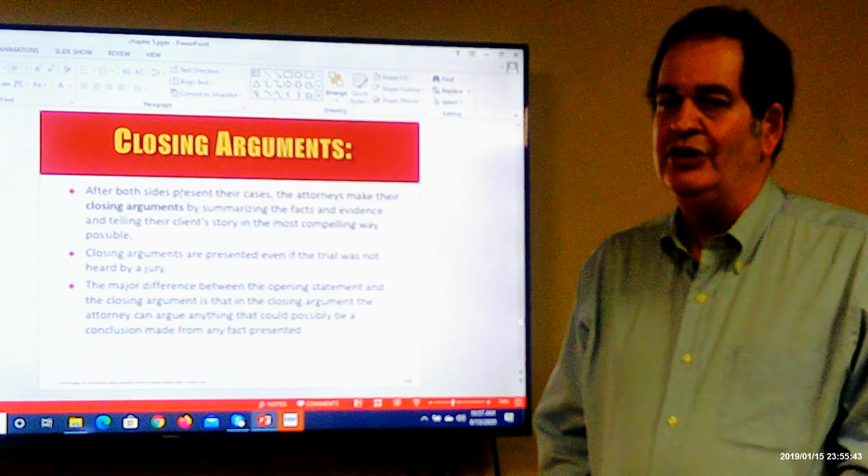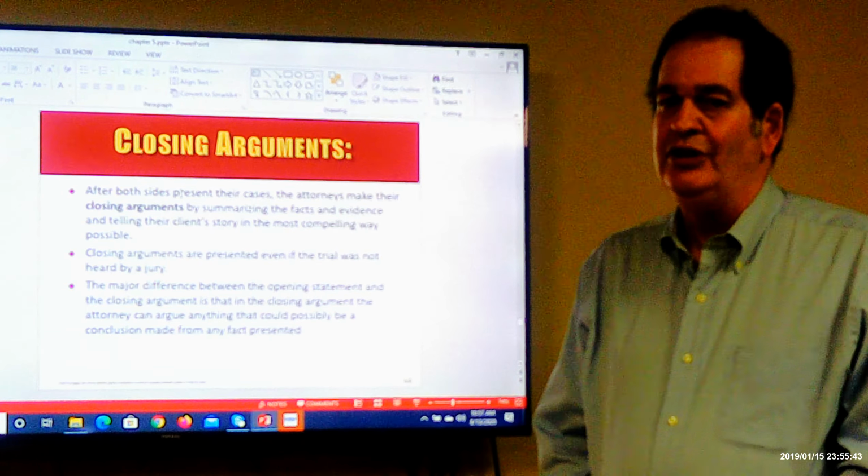Okay, so then the lawyers are going to make their closing arguments to the jury. Now, who goes first in the closing argument is jurisdictional and the type of case dependent. And whoever goes first sometimes has the right to also go last, so they can reserve their time. So one party may go first, then the other party, then the original party gets a second shot at closing arguments.